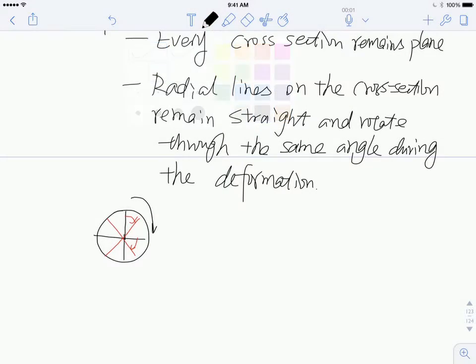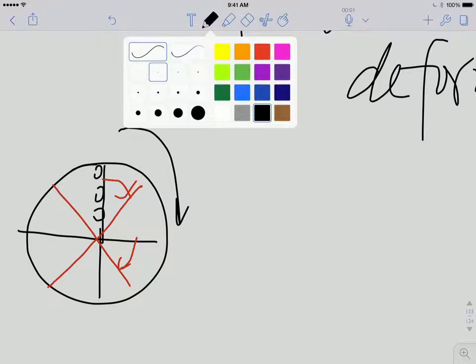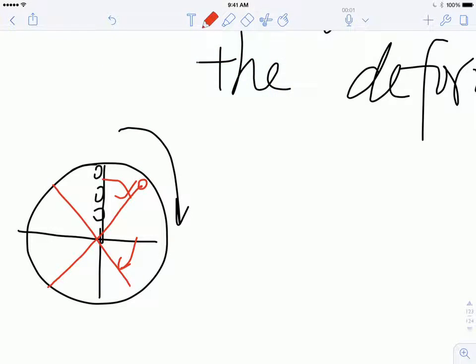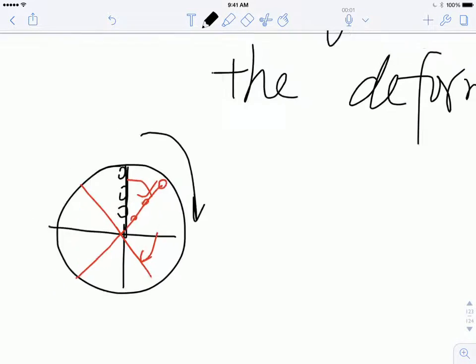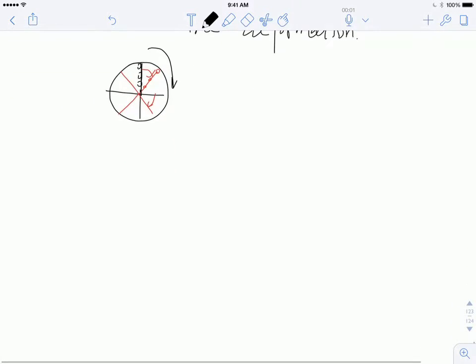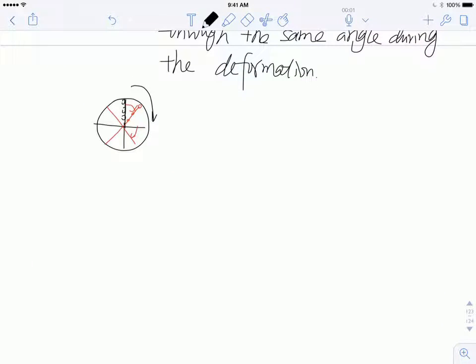Every single point on this black line ends up on the same line here. So if before the deformation these three points are on the same radius, after deformation they're also on the same radius or same line. So there's no non-uniform deformation on the cross section. Enough definitions said, and next let's see some equations.